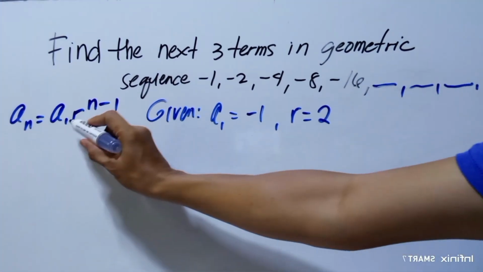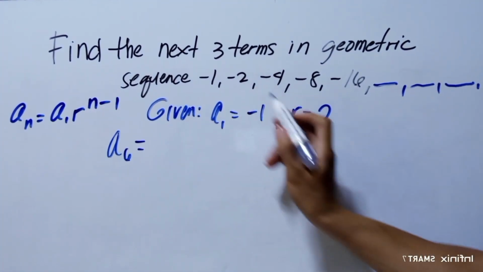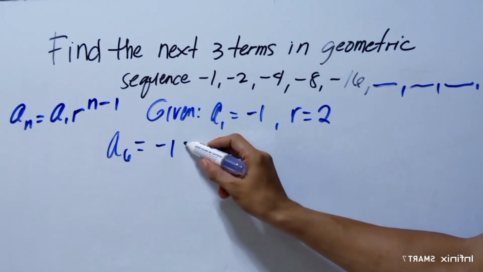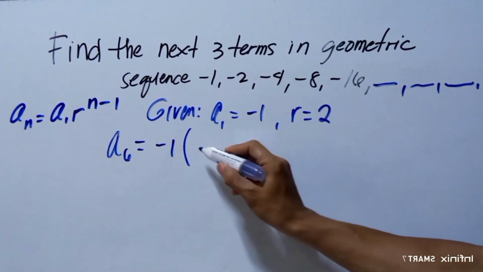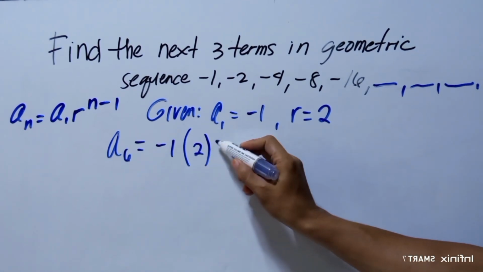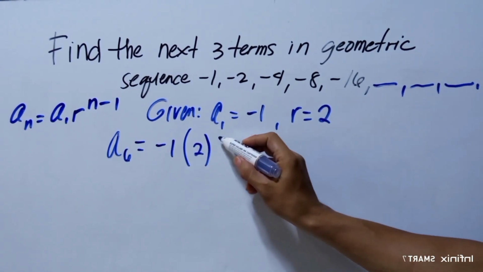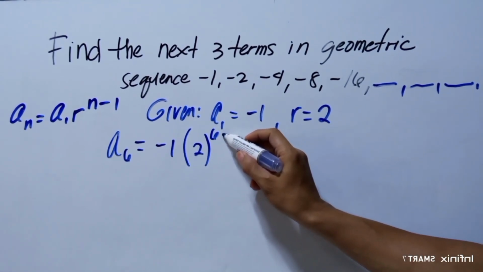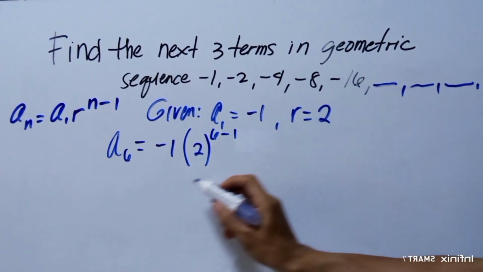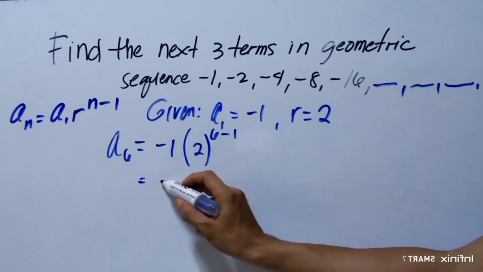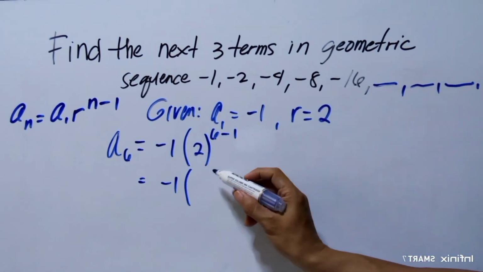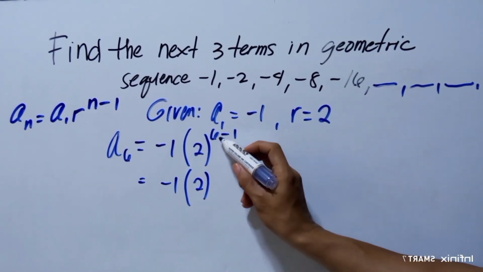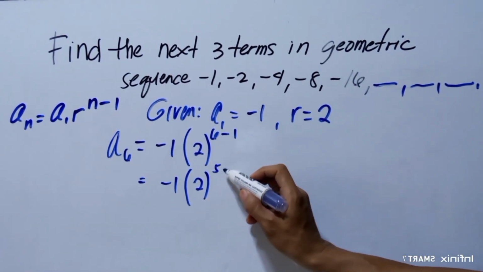So, yung formula natin: a sub 1 is equal to negative 1 times yung common ratio natin na 2 raised to the power of n. Yung n natin na 6, pang 6th term, minus 1. So, equals negative 1 times positive 2, then 6 minus 1 is 5.